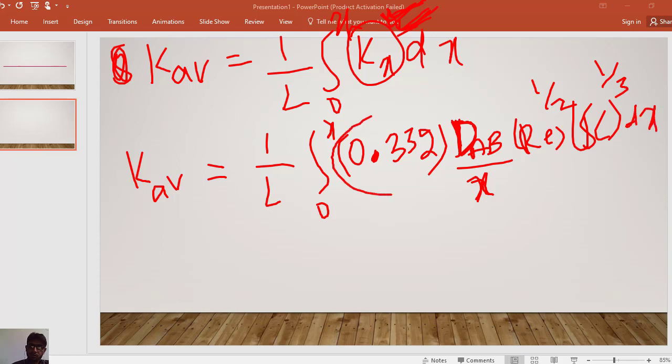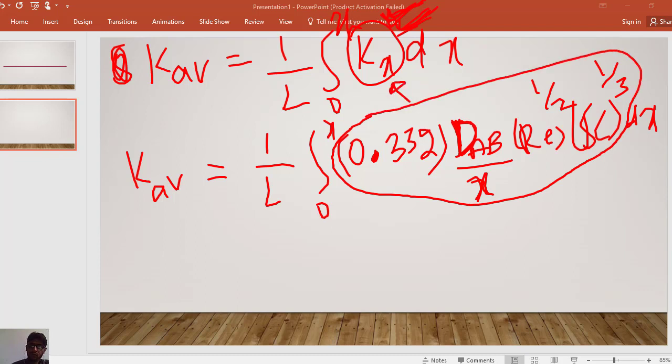This whole expression is equal to Kx, which we have already obtained. In the x direction only, x changes; the local mass transfer coefficient changes in the x direction.